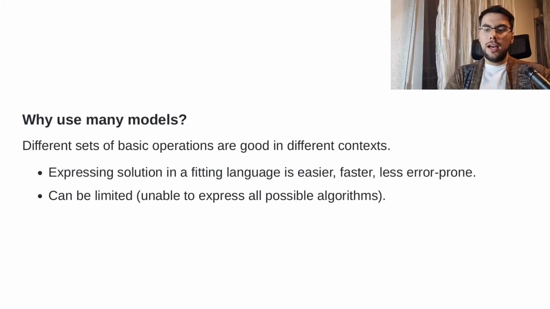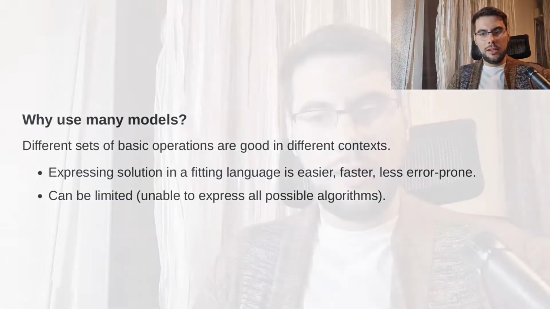Well, let's think about real life and how we think about problems in real life. In real life, some of the problem solving is procedural in nature. For example, cooking a meal is a sequence of steps that leads to the result, a cooked dish.